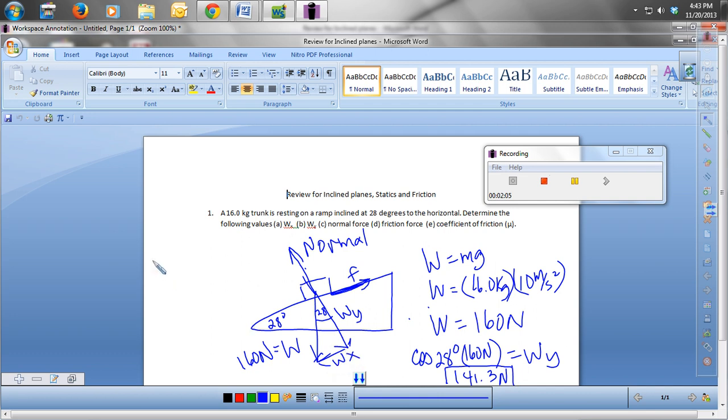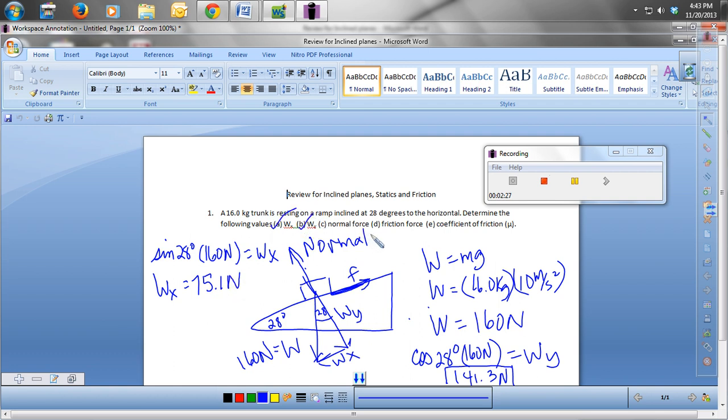WX is this one here, so the sine of 28 degrees times the hypotenuse W would give me WX. Sine of 28 times 160 gives me 75.1 newtons. So I've taken care of A and B.